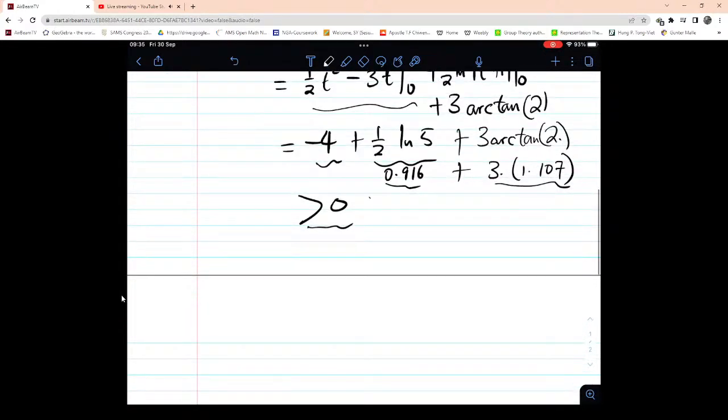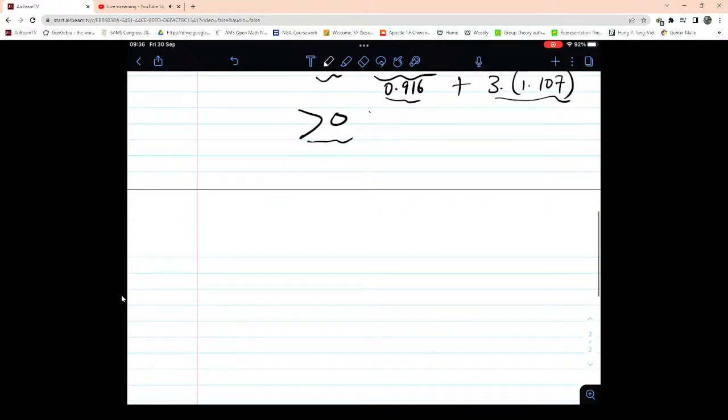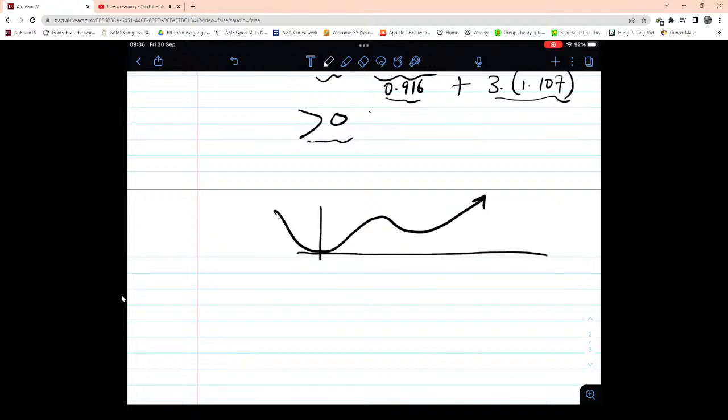And then there was a question on horizontal and vertical asymptote, and I didn't quite explain what happened there. So we ended up with a graph that looks like that, where this is the x-axis and the y-axis there, and that's 2, that's 1.